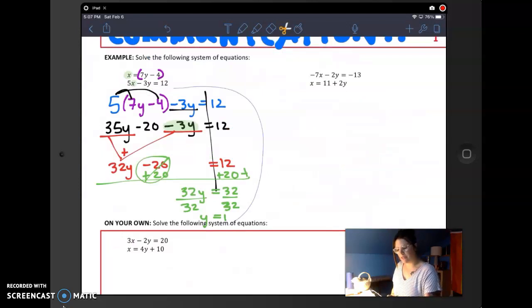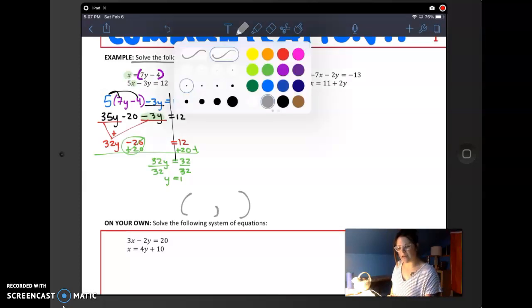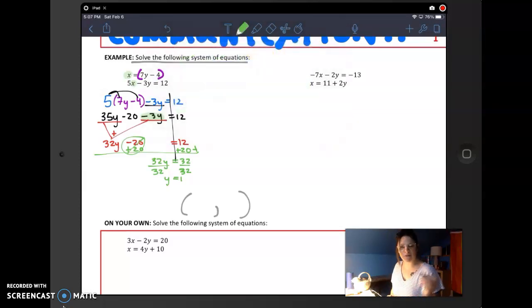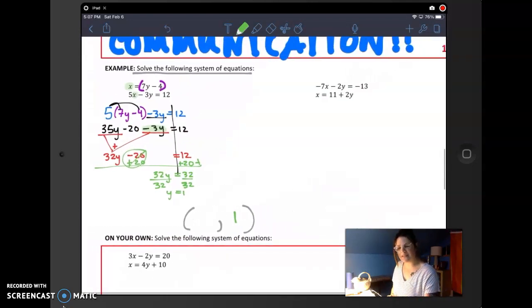And normally, in most of your math career, once you get to a single answer, you would be done. But since we're solving a system of equations, you are all better at this strategy than I was. At the beginning of the question, you wrote down these parentheses, and that reminded you, oh, okay, the y comes second in the parentheses. I still have to find the x. Now, this is no different than when we found the y in the previous examples.